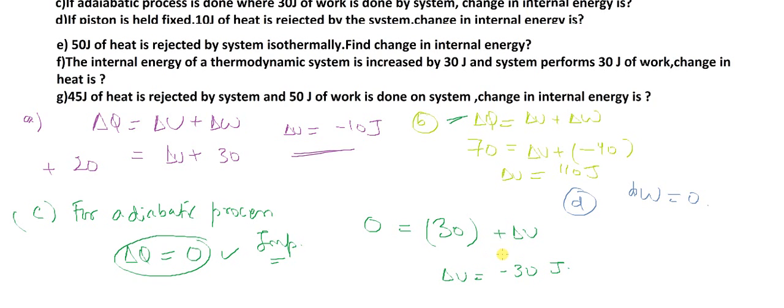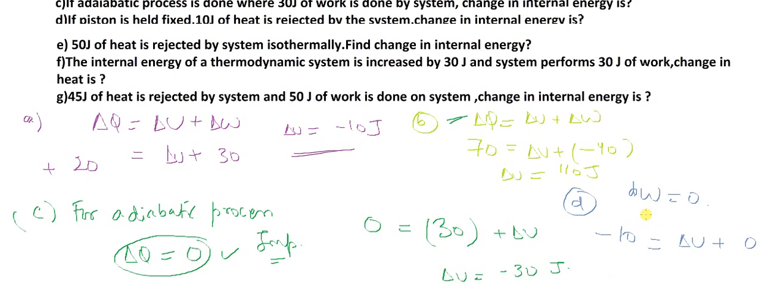That means it is negative, because when we give heat to the system that is positive, and if the system is releasing heat, that will be negative. So minus 10 is equal to delta U plus work done as 0. So we get dU as minus 10 joules.